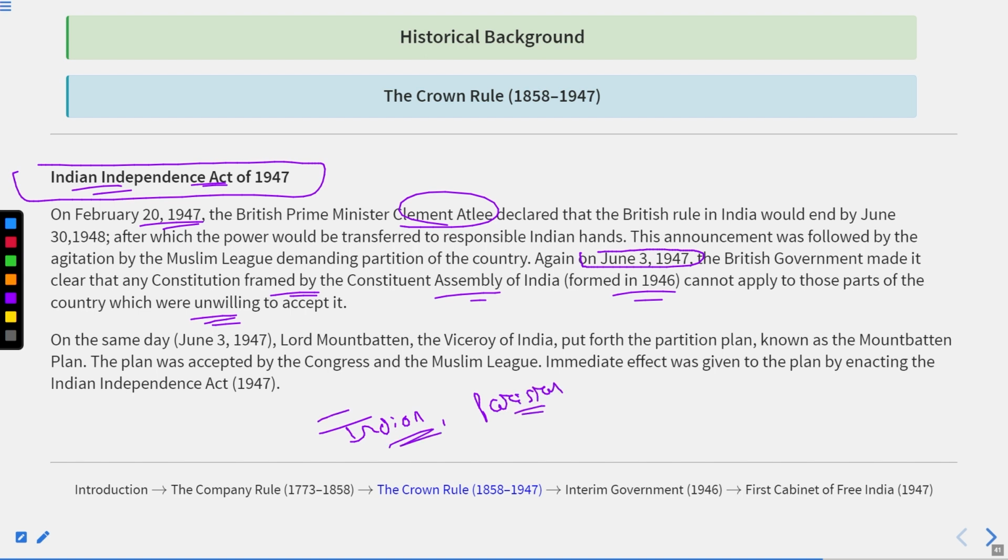The states were allowed to join either of them as per their will. On the same day, June 3, 1947, Lord Mountbatten, the Viceroy of that time, put forth the partition plan known as the Mountbatten Plan. The plan was adopted by the Congress and the Muslim League. Immediate effect was given to the plan by enacting the Indian Independence Act of 1947.